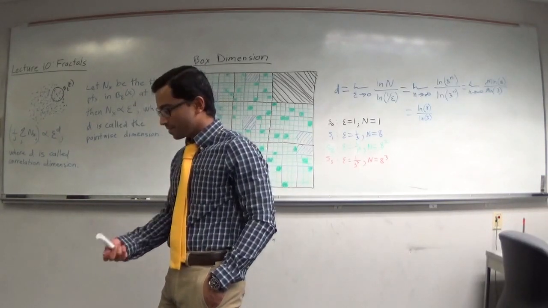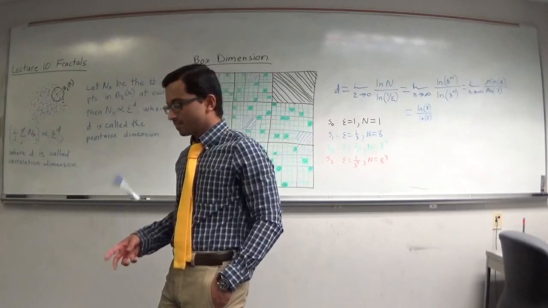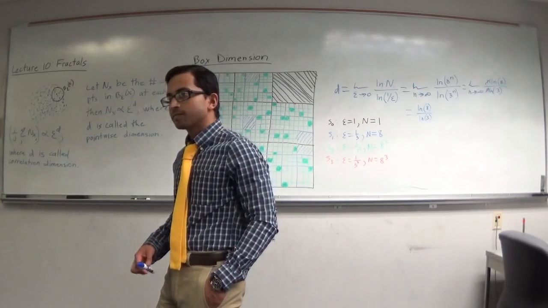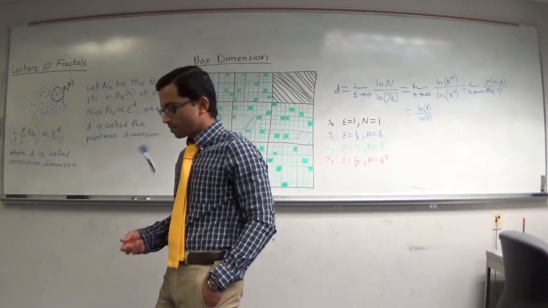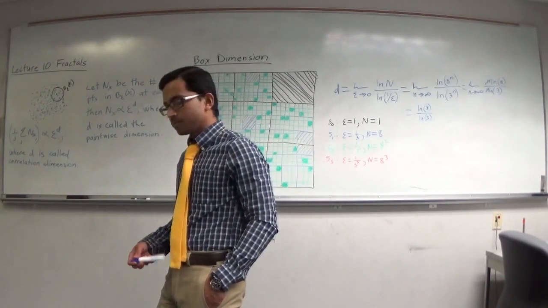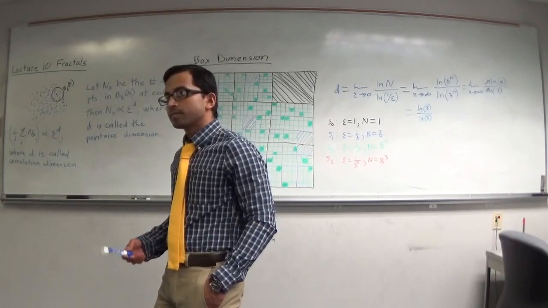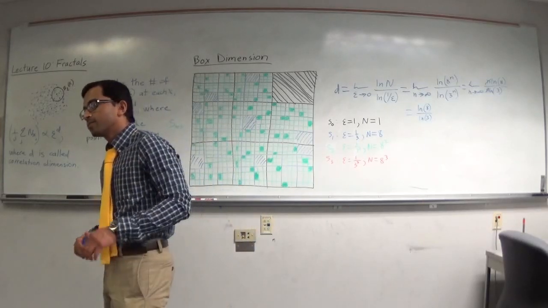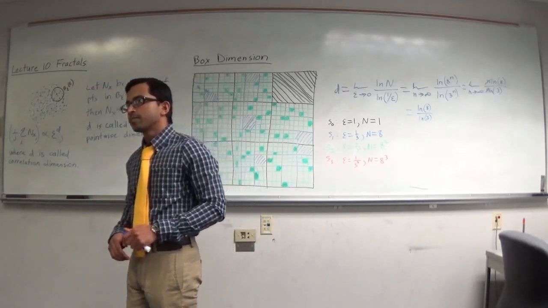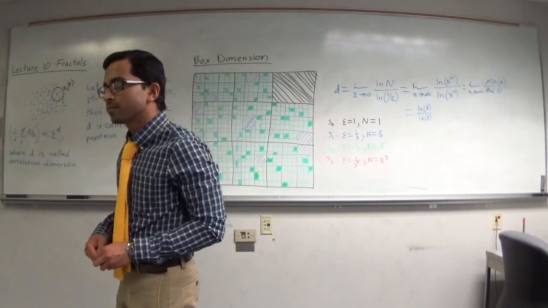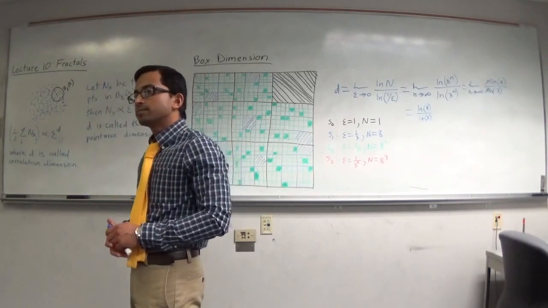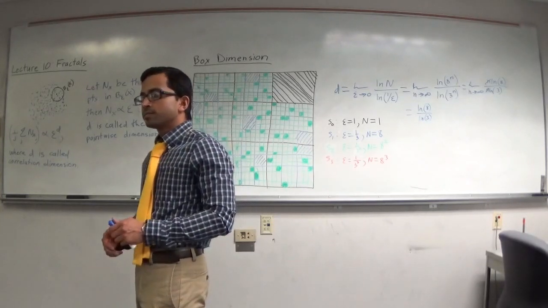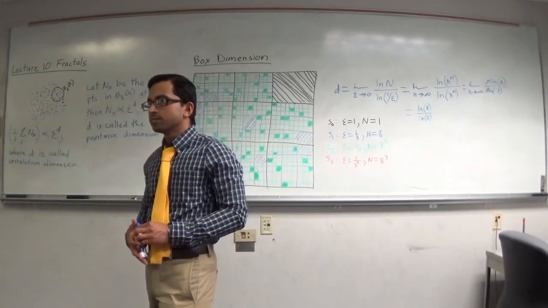Because you have to look at coverings, and then you have to look at coverings of various diameters, and you get this sort of critical value where the number either goes to 0 or it goes to something else, and that's kind of the Hausdorff dimension. So it's a tricky bit of business, but all of these things like box counting, correlation, and a variety of these other things are simpler, more computable versions of the Hausdorff dimension.